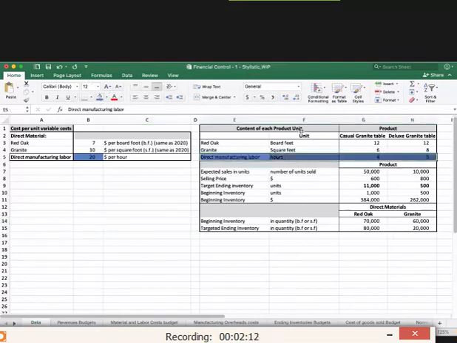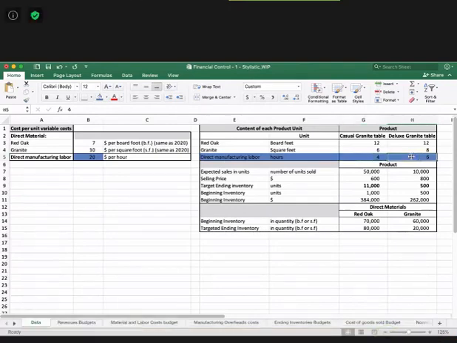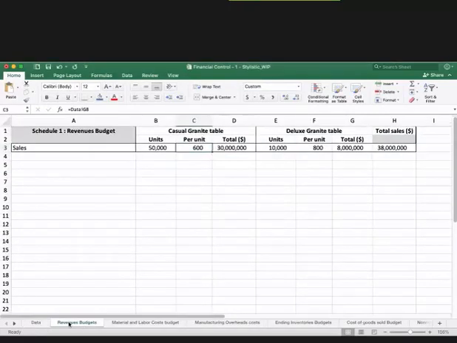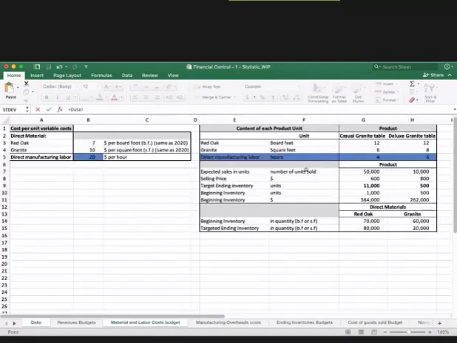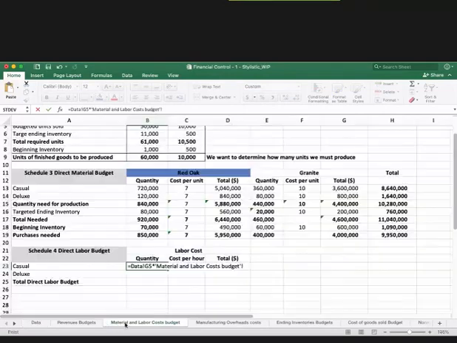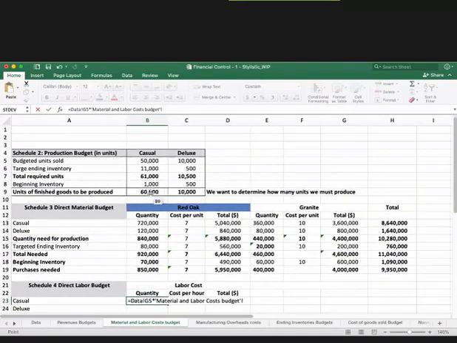Each time we do one casual table, it takes 4 hours. And each time we do one deluxe table, it takes 6 hours. So it's kind of artisanal work. So we just need to do that. What is the quantity? For casual, we need 4 hours times the number of tables we need to produce.